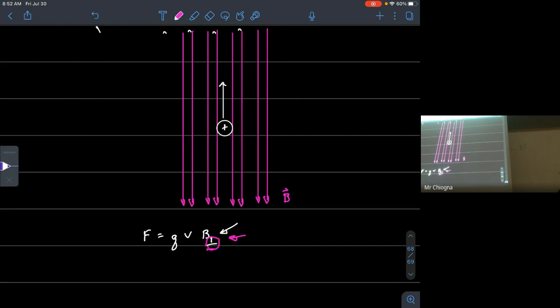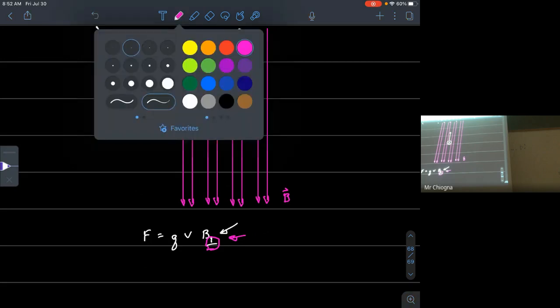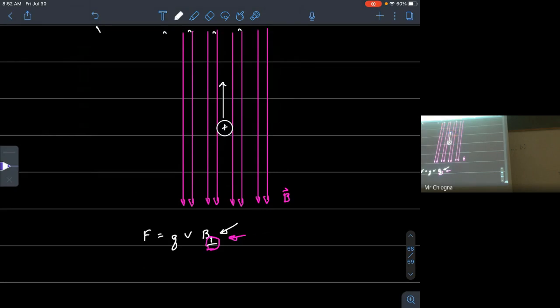If, as in this case, this is the velocity direction here. If the particle is traveling parallel to the field, there's no component of the magnetic field that's perpendicular to it. So no force is acting.